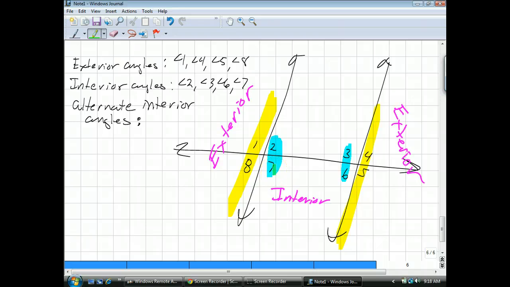But it says alternate, which means on alternate sides of the transversal. So angle 2 and angle 6 would be alternate interior angles.